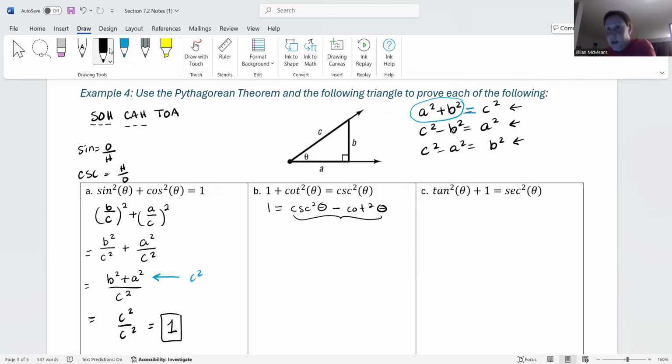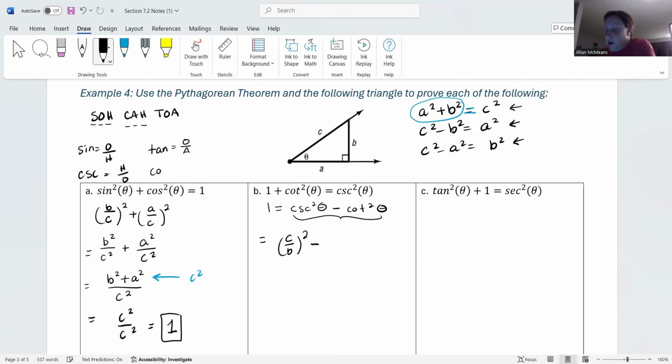And when we're looking at this right triangle, we know where theta is. We can say that cosecant is going to be c over b. So c over b, and we need to square it because we've got cosecant squared. Now from that, we want to subtract cotangent. Now we know that cotangent is the reciprocal of tangent, and tangent we have is opposite over adjacent.